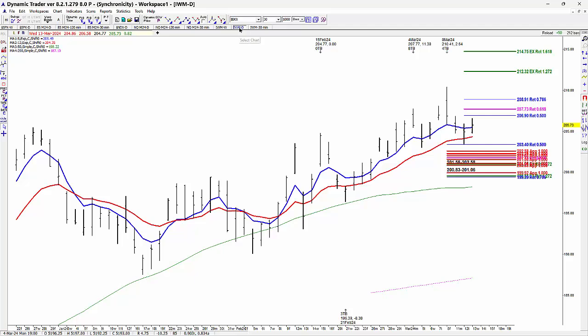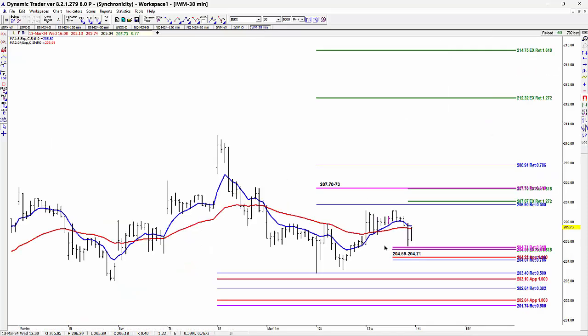Here with the IWM, we had the other support that shows up on the lower time frame chart. But let's say that's the setup low. Where's your trigger? Well, it triggered here.